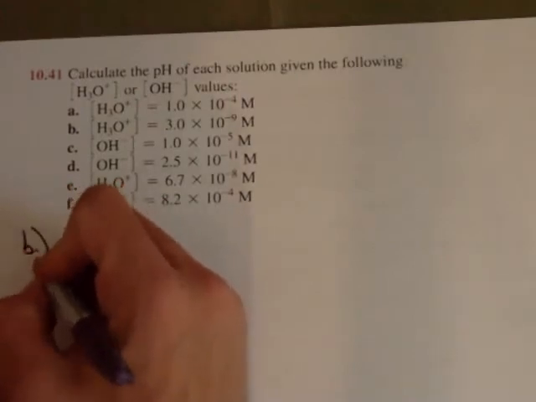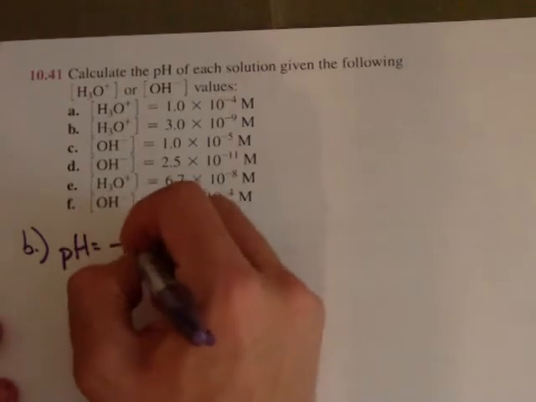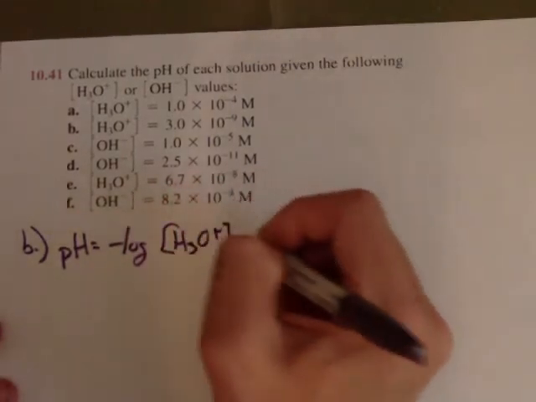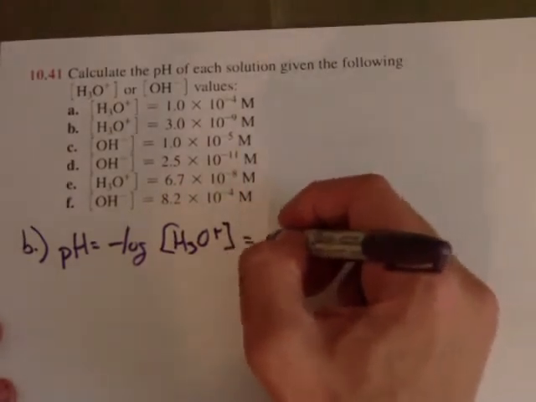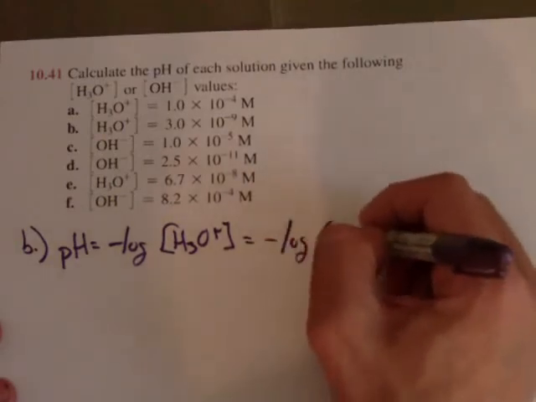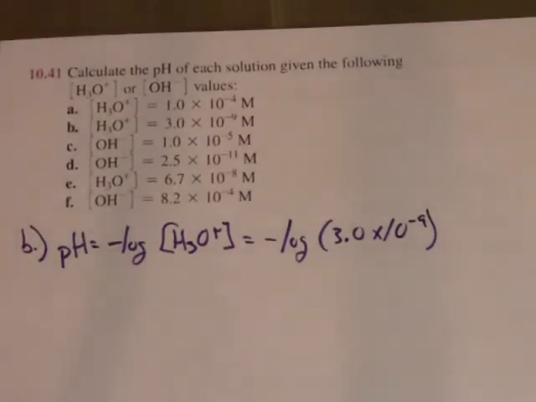So B, our pH is equal to the negative log of H3O plus. And so this one is pretty much just plug it into the equation. So we get the negative log of 3.0 times 10 to the minus 9. And the real trick of this is just making sure you're plugging it into your calculator correctly.